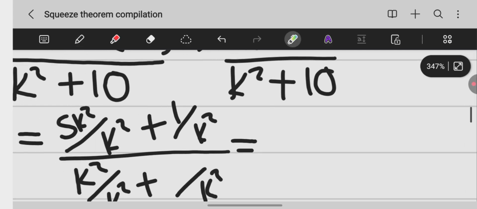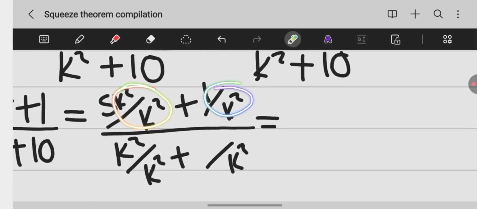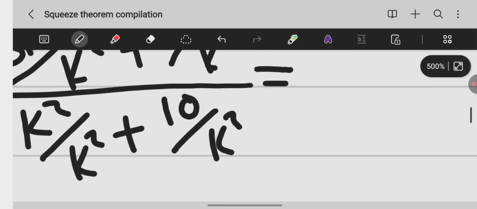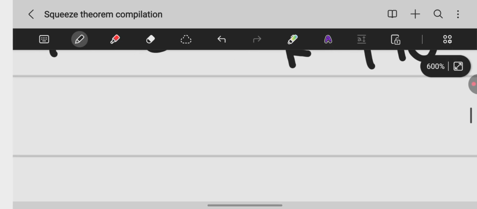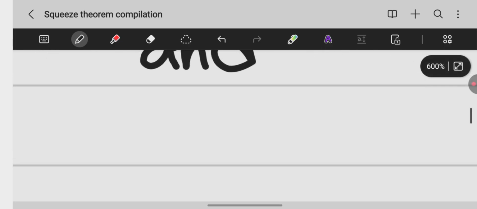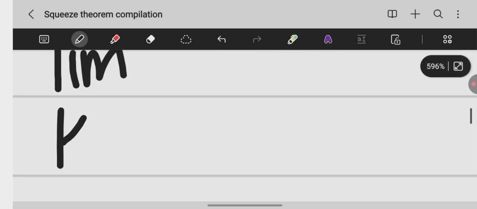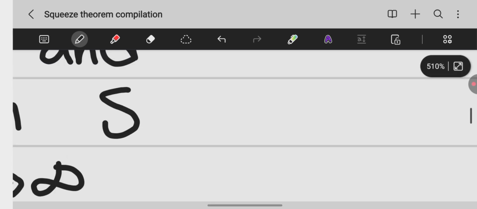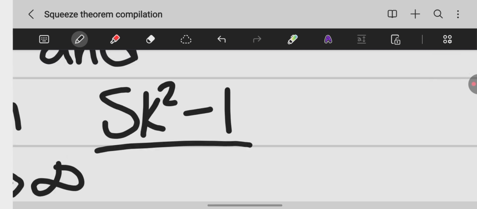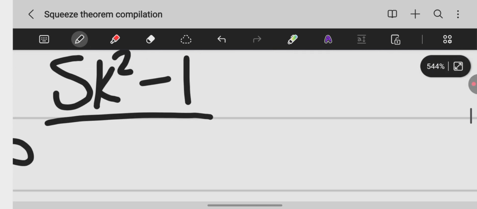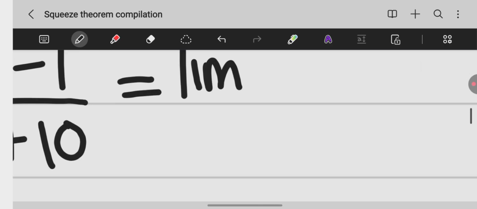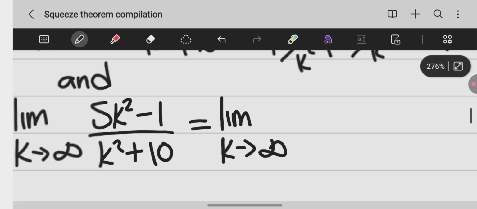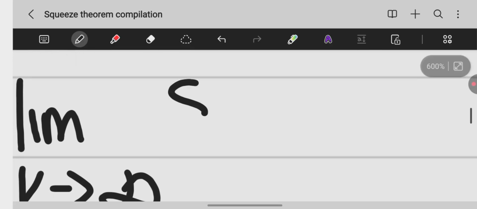Okay, so this would give you 5, 0, 1, and 0. I think that was supposed to be 10 here. So you basically have 5 over 1, which is 5. And for the limit, as k approaches infinity, of (5k squared minus 1) over (k squared plus 10), that is the same as the limit as k approaches infinity with the highest degree on the denominator, k squared.